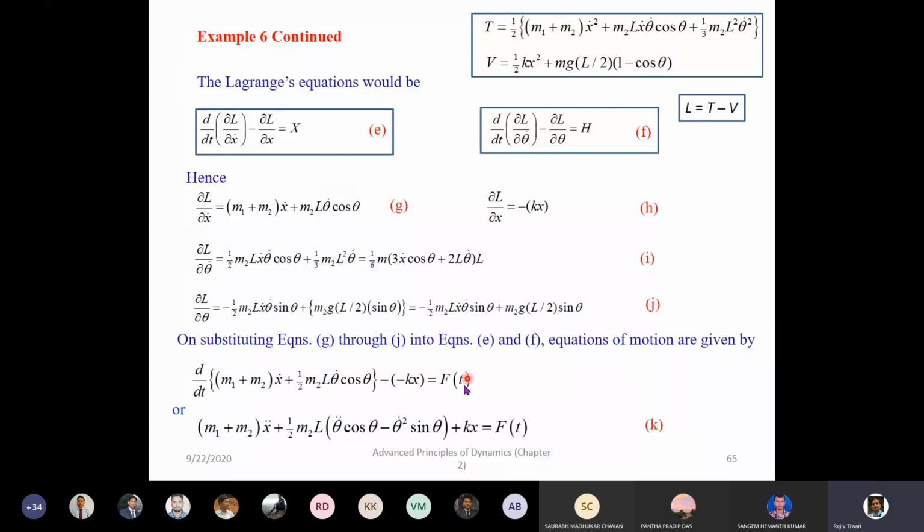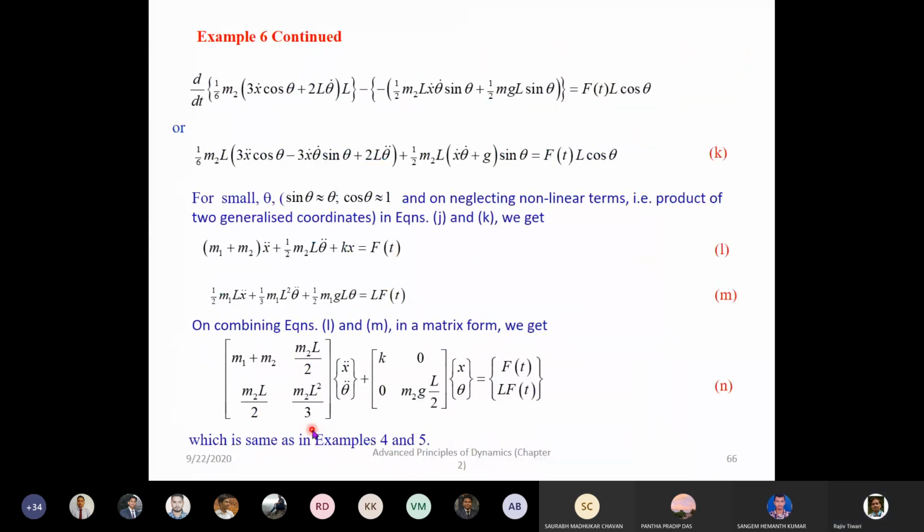Here I will now perform the differentiation with respect to time also, so this becomes double dot. And because there are two terms, when we differentiate, we'll get two terms from this. So this is the same equation, and this is a nonlinear equation.